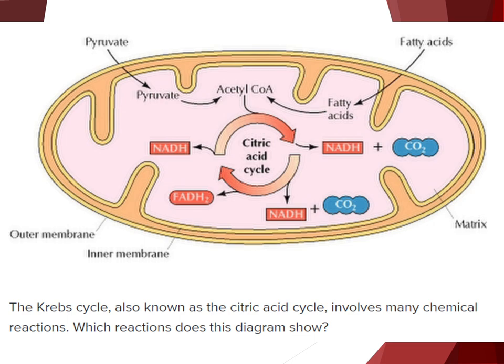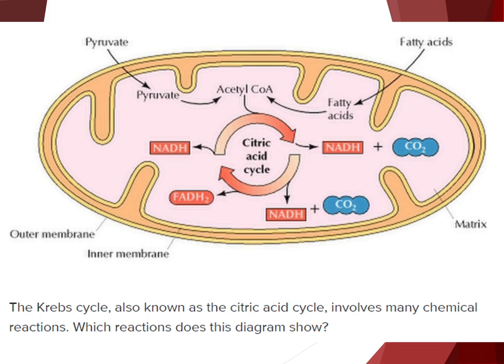3 molecules of NADH, 1 molecule of ATP, and 1 molecule of FADH2 are all produced. FADH2 is another high energy molecule and stands for flavin adenine dinucleotide. Again, the H2 indicates the reduced version of the molecule.